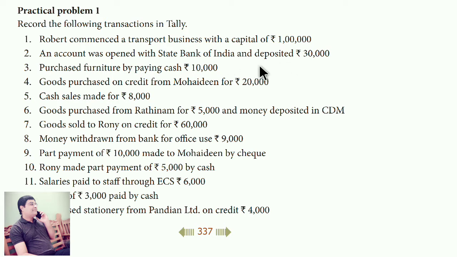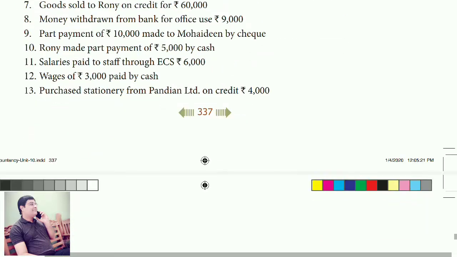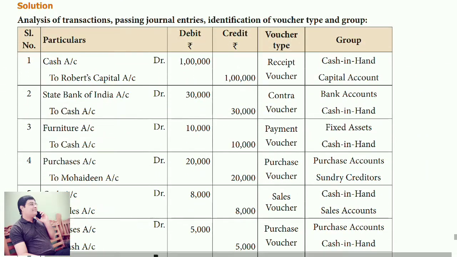State Bank of India account debit to cash account, 30,000. Whenever a bank to cash or cash to bank entry comes, that entry is known as contra, so you have to write contra voucher. Bank will come under the group bank account. Cash is always cash in hand.